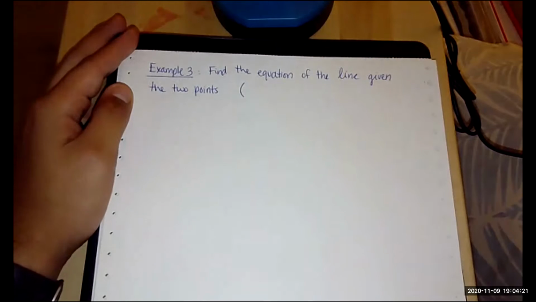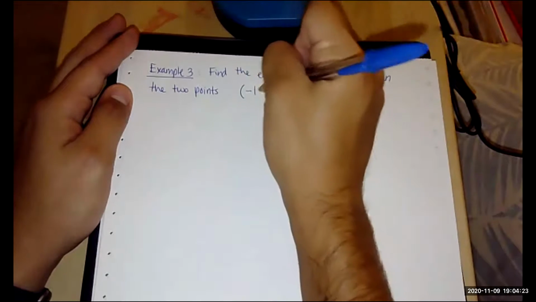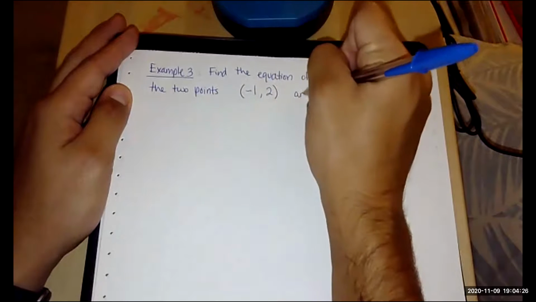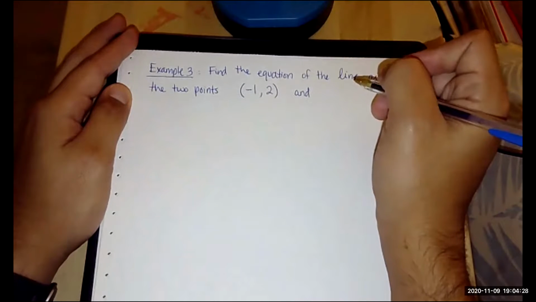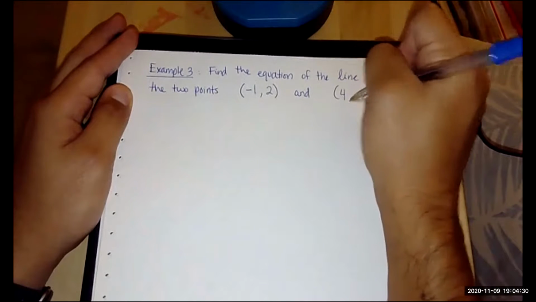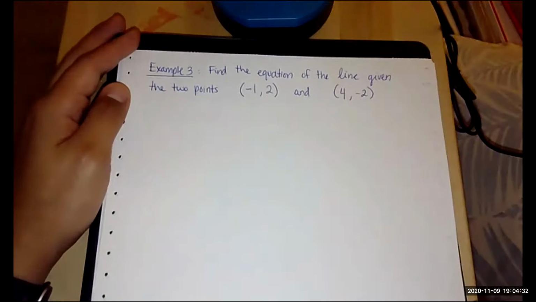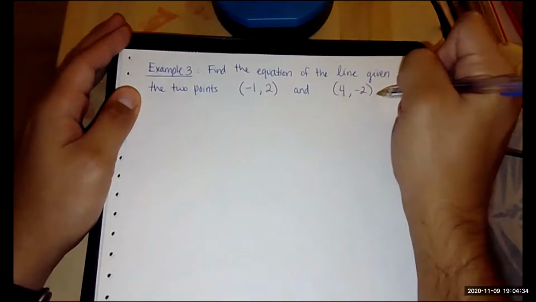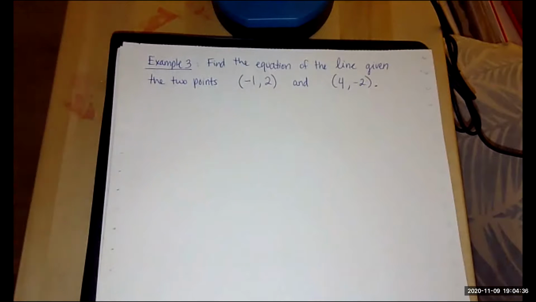And the first point is -1, 2, and 4, -2. They haven't given you a graph, they haven't given you a picture, and they're expecting you to find the equation.